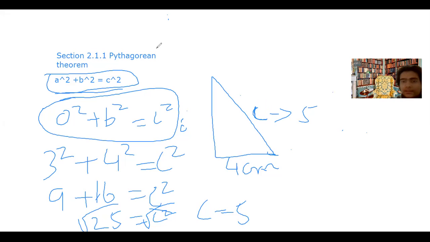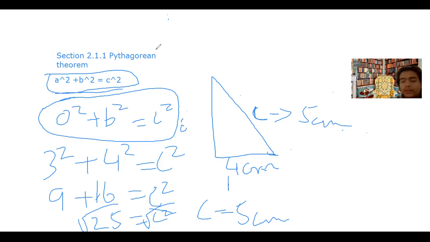So we're gonna find the value of C, not C squared. So we know the value of C, that is 5 centimeter, and always write the centimeter. It's important. You get deducted points from that. I'm speaking from experience.